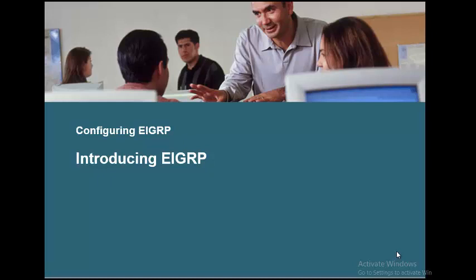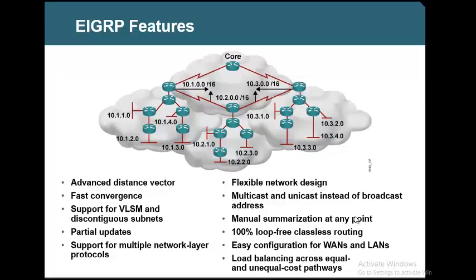Enhanced Interior Gateway Routing Protocol. As we spoke in the introduction class, this is an enhanced version of IGRP, which means the older version of EIGRP is IGRP. Now, this is also coming under the category of distance vector.